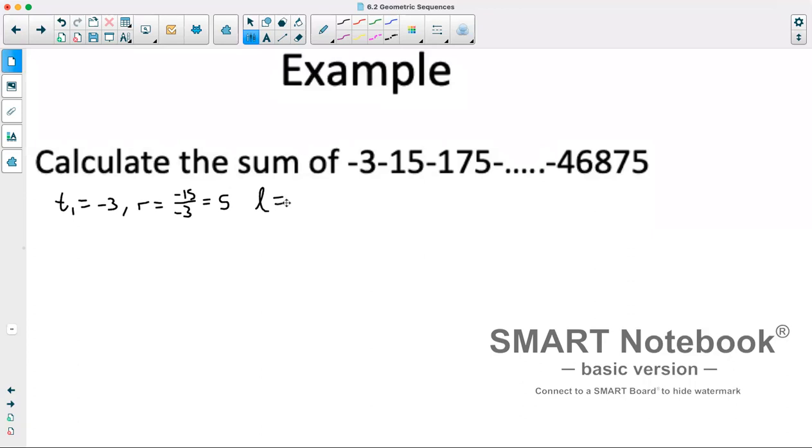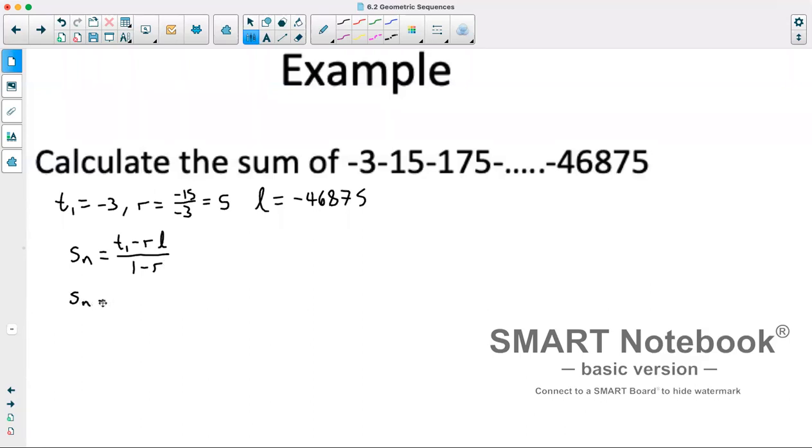And we know our last term is -46,875. Now, because of this information, the equation we'll use is Sn is equal to T1 minus r times our last term over 1 minus r.